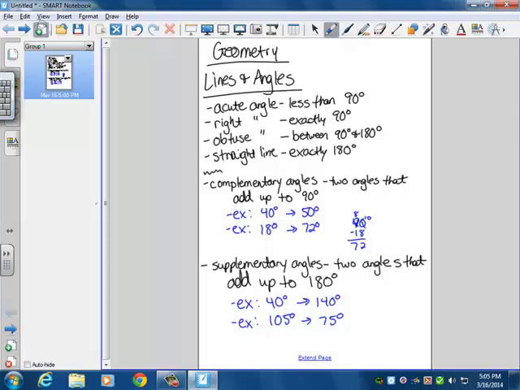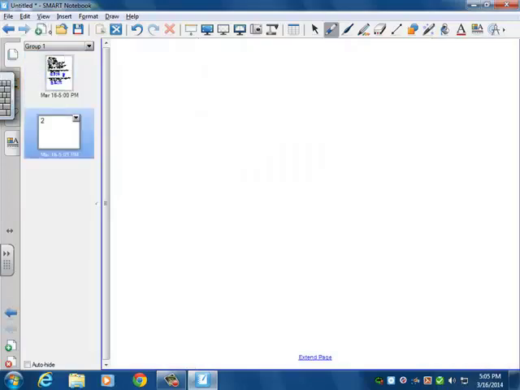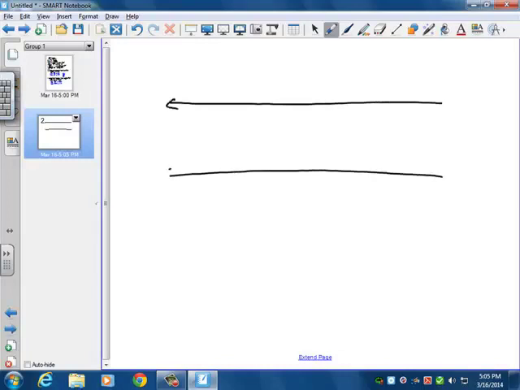Okay, so next, when we have two parallel lines. Okay, so these are going to be two lines. These are parallel. And then we have another line that cuts through them. This is called the transversal.